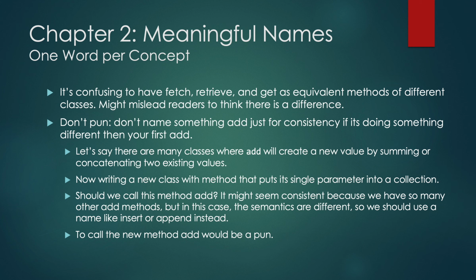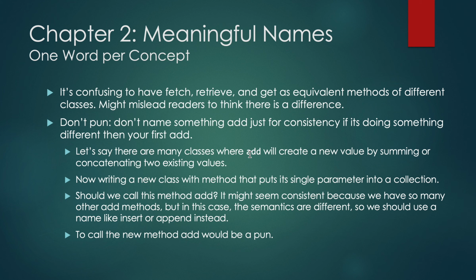So for example, if I have a class that has a method add, which basically takes two values and sums them or concatenates them, then I call that add. But then if I now have a new class that's managing a list or a collection, and I put a method there, add, which actually appends the item to a list, that could be misleading, right?